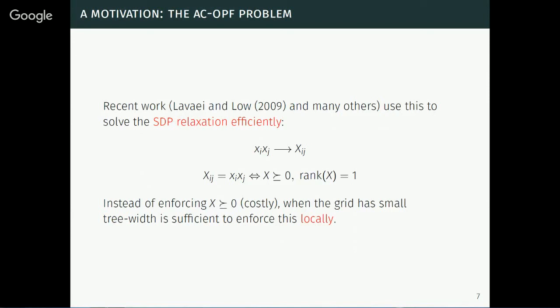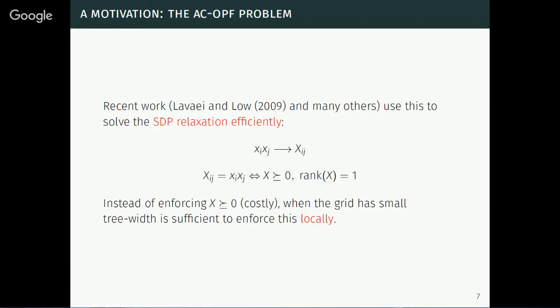Yeah, they're real variables. So usually what you do in the SDP relaxation is you just drop this rank 1 constraint, which is the hard one, and you deal just with this one. Nowadays people consider this easy to solve. Not really, but okay.